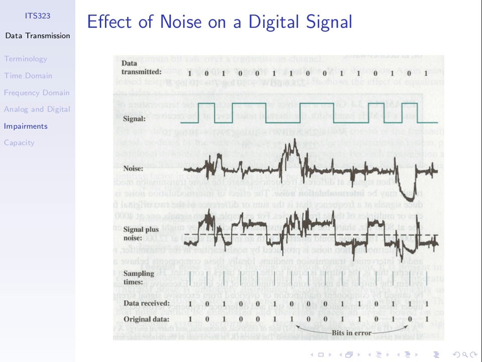The dashed line is 0. It's negative. Therefore, anything that is negative corresponds to bit 1. So we get bit 1 received. At the next sample point, they record the value. It's positive, maybe 0.8, but the value doesn't matter.